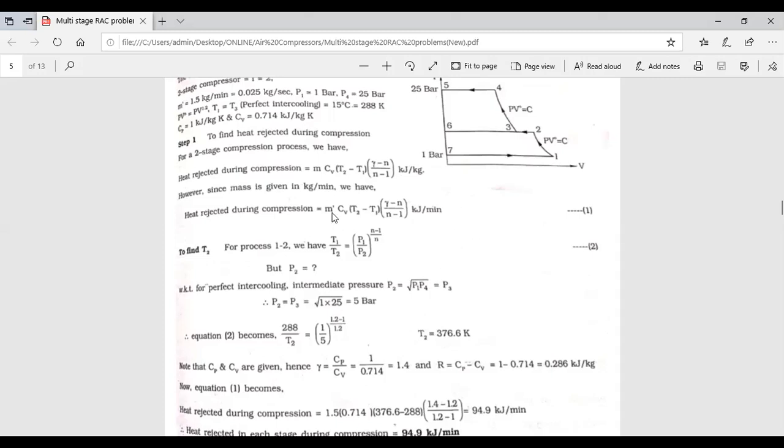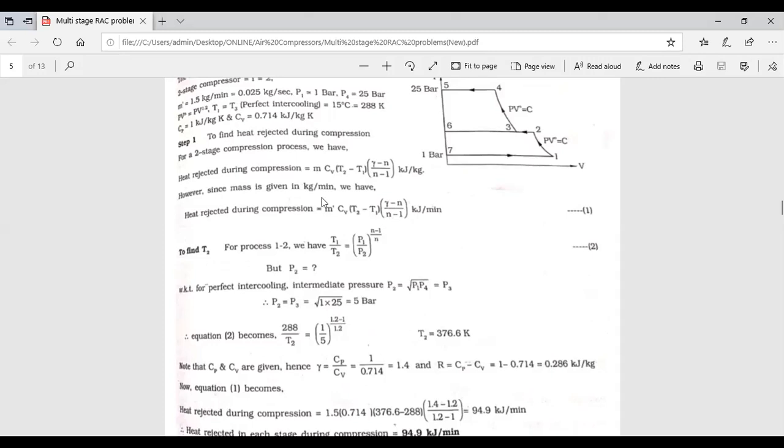Okay. So m is how much? m is 1.5, given in the problem. Cv is given in the problem, 0.714, and T2 just now we calculated, that is 376.6 Kelvin, minus T1, how much? Your initial temperature, and gamma is 1.4, minus n is 1.2 given in the problem, divided by n minus 1.